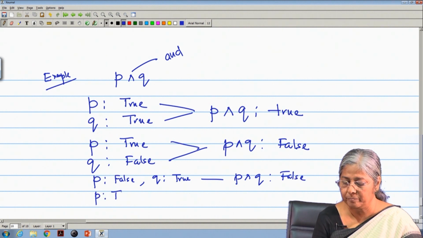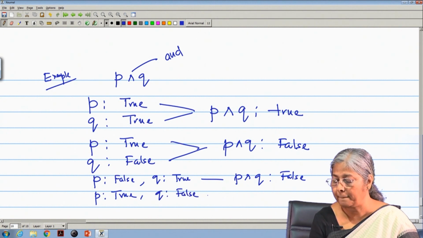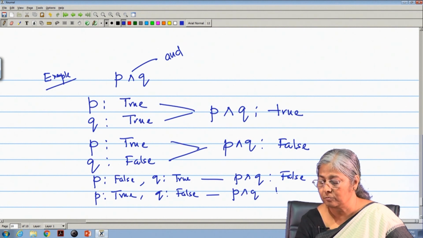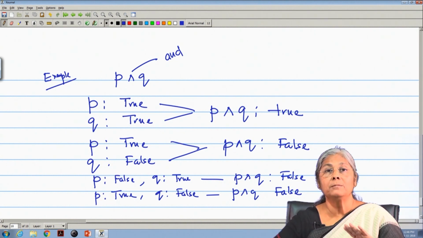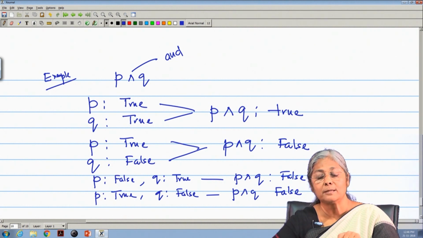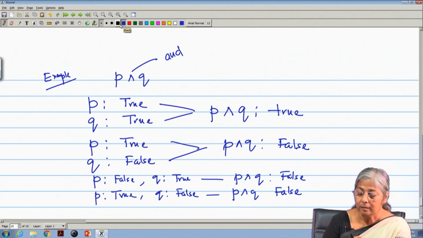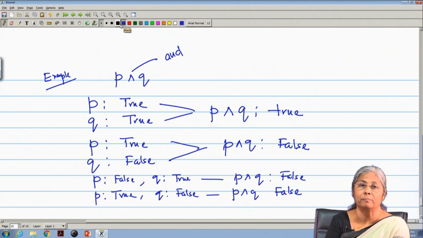P true, Q false, P and Q false. So, in a table, if we give the truth values for all the assignments of the propositions, that will give us the truth table.